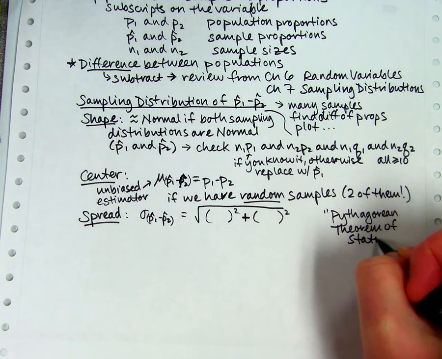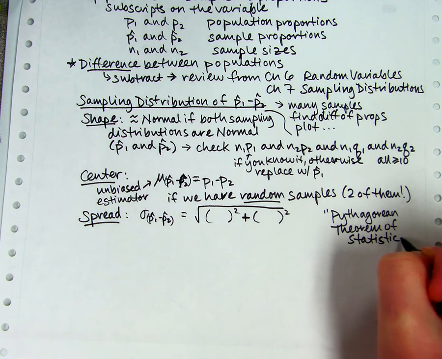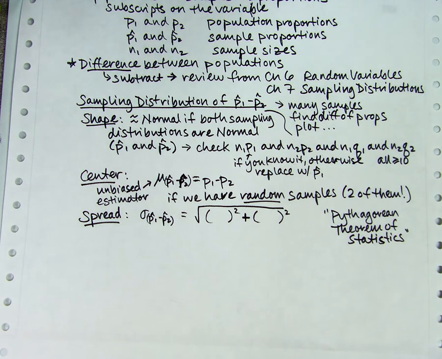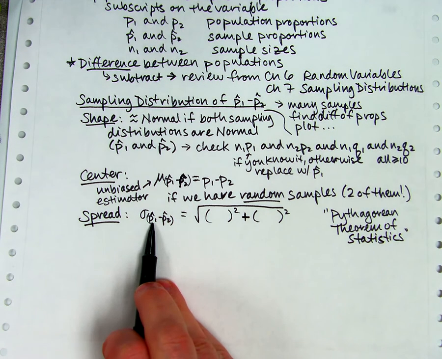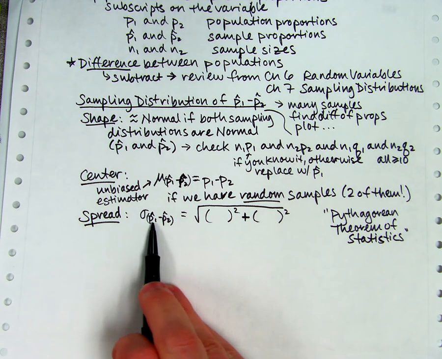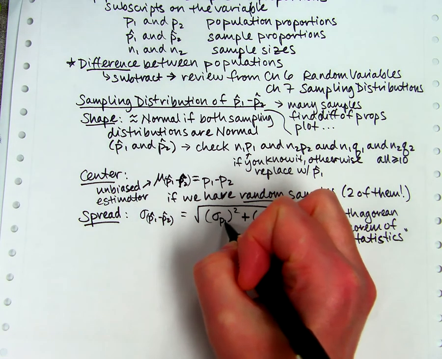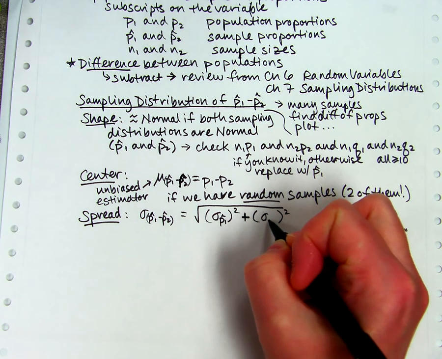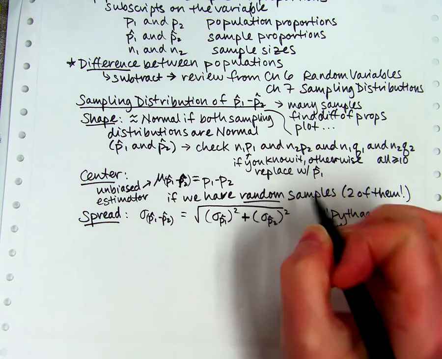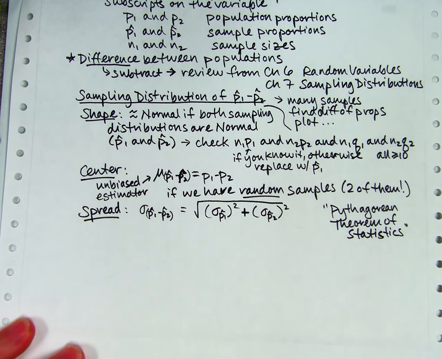That's what it's sometimes called. But then what goes in those parentheses things? Let's think about that. It would be the standard deviation of this one, and then the standard deviation of that one. So it'd be standard deviation of P1 hat and standard deviation of P2 hat. And both of those get squared and added together and square rooted. That's the chapter 6 review.